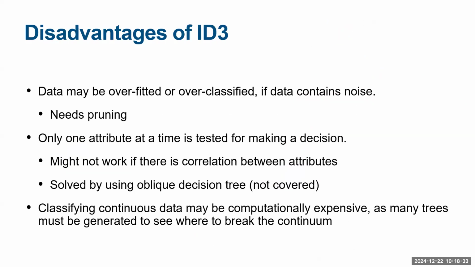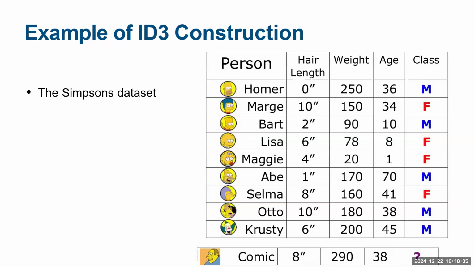Okay, let's look at some example. Let me go to the example first. So I have the Simpsons data set. I have a person from the Simpsons. I have the hair length, the weight, and age. And then my class would be gender, like male or female.